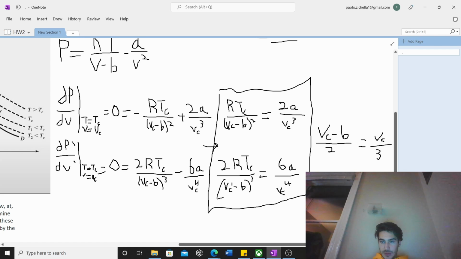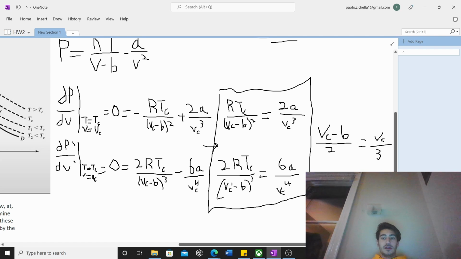Then, if we subtract 2Vc from both sides, we have Vc is equal to 3b. In other words, b is equal to Vc over 3. So now we have our value for b.